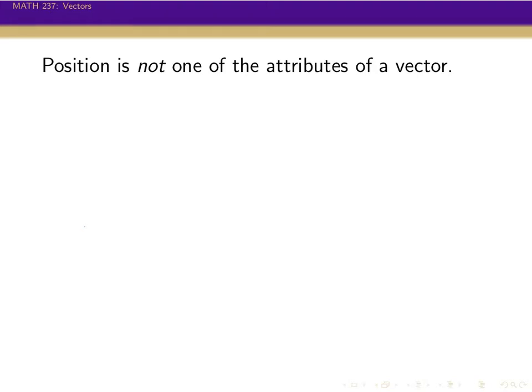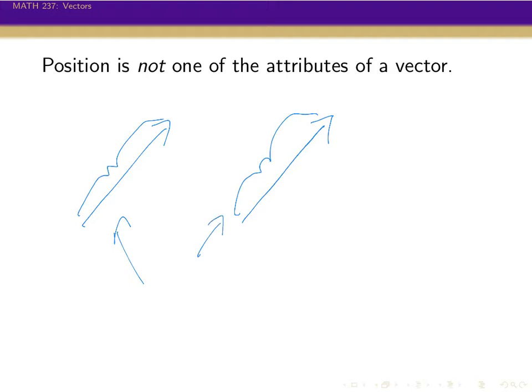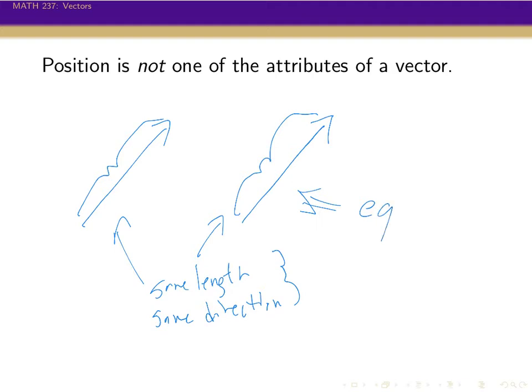If I have a vector of a certain length and direction, and I have another one with the same length, and they're pointing in the same way, so they have the same direction, then we'd say these two are equal vectors.